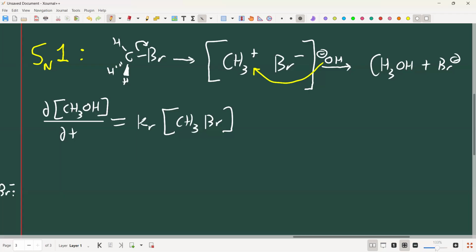You have one step, the slow step, which is the ionization, polarization of that bond to plus and minus, and then the OH comes in very quickly and negates that positive charge. So the OH doesn't have any dependence on the kinetics, right? As long as there's OH in there, basically the step of these combining is extremely fast. It doesn't matter. That's something to think about a little bit.